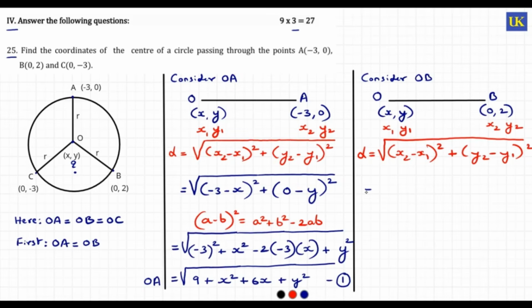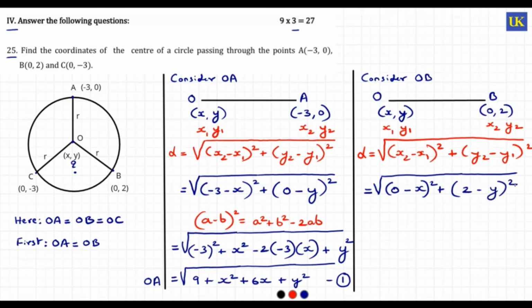Now I have already written the formula. Now we will input the values. x2 is 0, so 0 minus x1 is x square, plus y2 is how much? Y2 is 2. You can see here y2 is 2, and y1 is y.